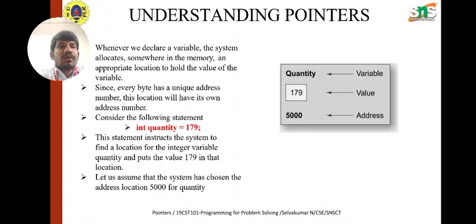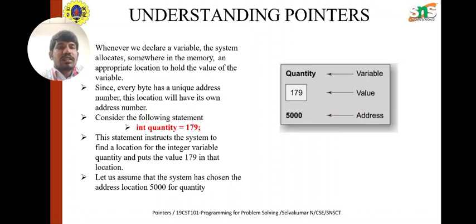Here memory is allocated at an appropriate location to hold the value of a variable. The quantity is called the variable, 179 is the value, and 5000 is the address. Consider the following statement: int quantity = 179. Here int is the data type, quantity is the variable name, and 179 is the value of the variable.